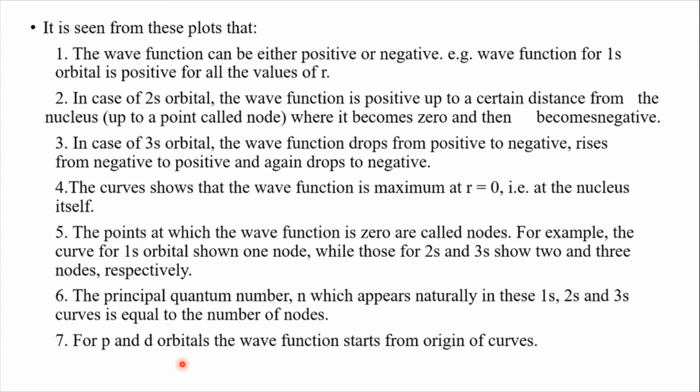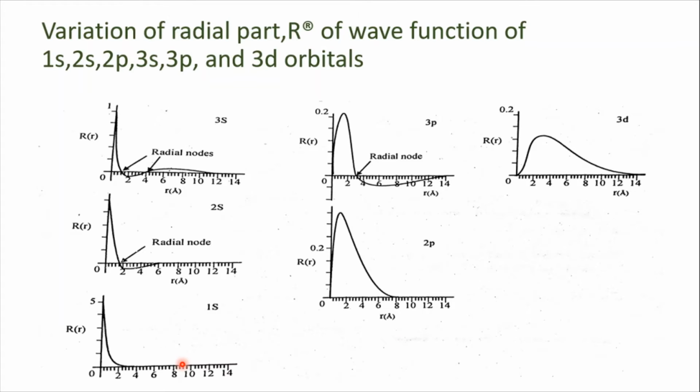In the case of the 2s orbital, the wave function is positive up to a certain distance from the nucleus, up to a point called a node, where it becomes 0, and then it becomes negative. First it is positive, at a certain point it becomes 0, and that point is called a radial node, and then it becomes negative. Is it okay?